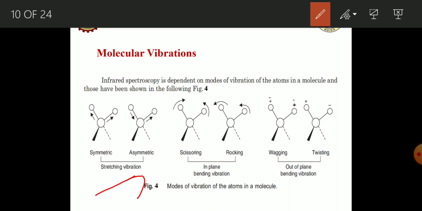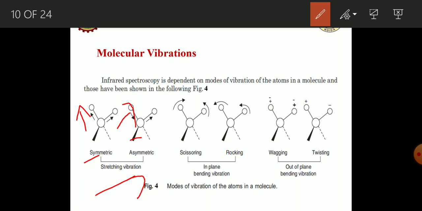First is symmetric stretching. In symmetric stretching, the two atoms move away from the central atom or towards the central atom. Both bond lengths increase or both bond lengths decrease, so there is no change in bond angle.